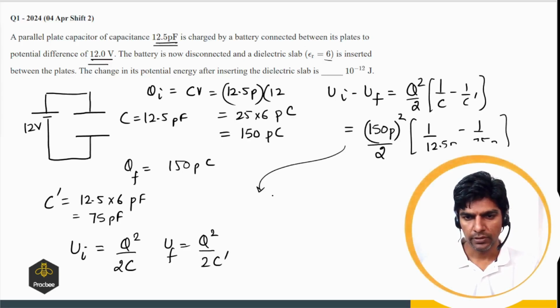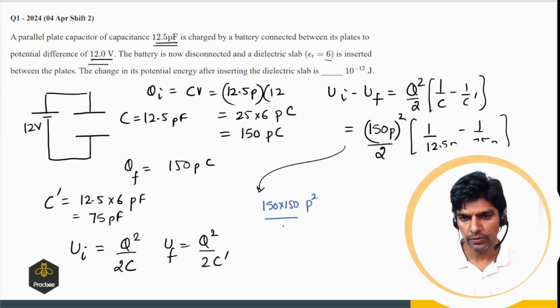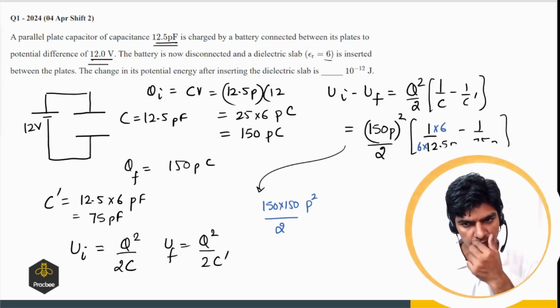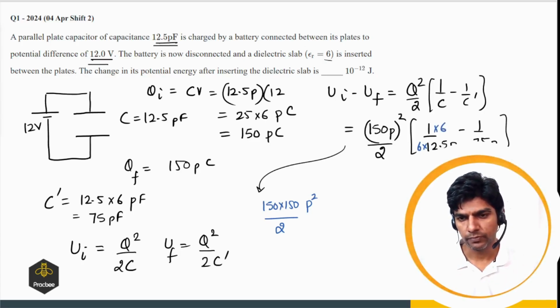So this can be written as 150 times pico square divided by 2, and if we multiply this with 6, so 6 times 12.5 is 75.